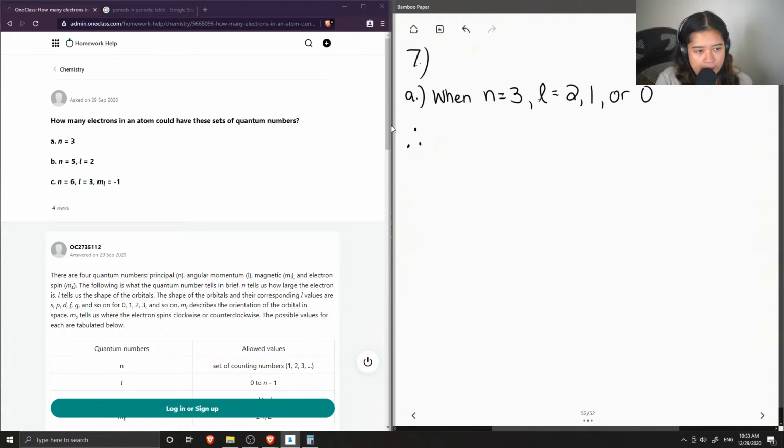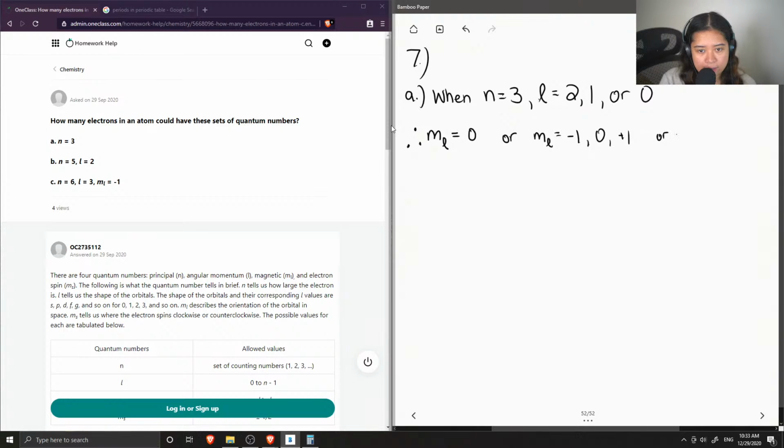So this tells us that our magnetic quantum number values, which is ML, can either be equal to 0, or our ML value can be equal to -1, 0, or +1 if our L value is 1.